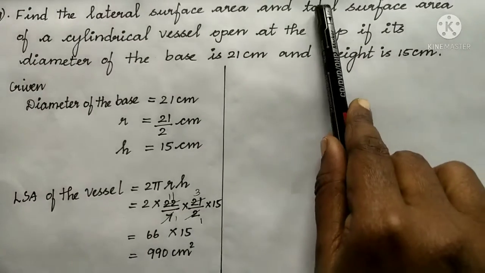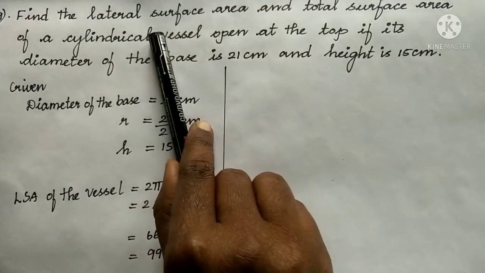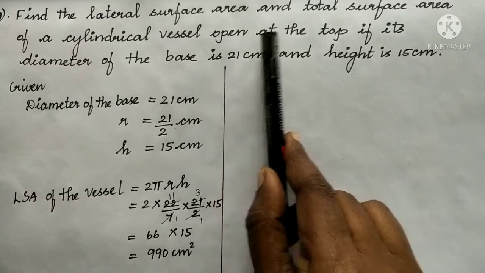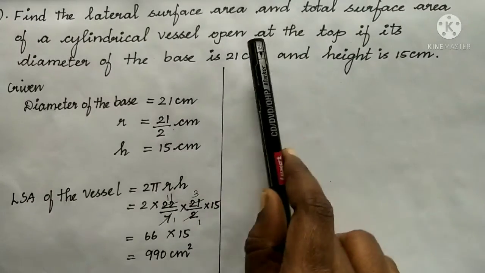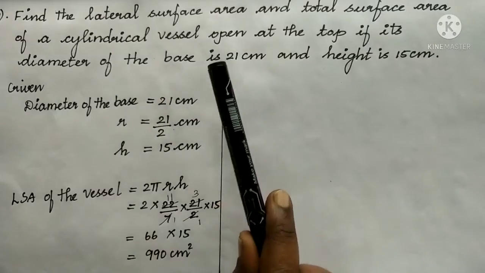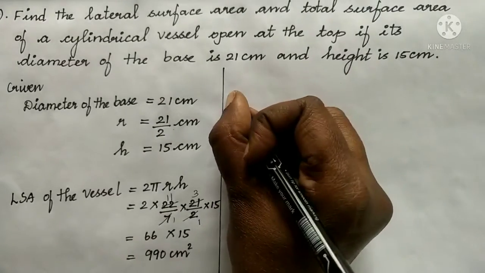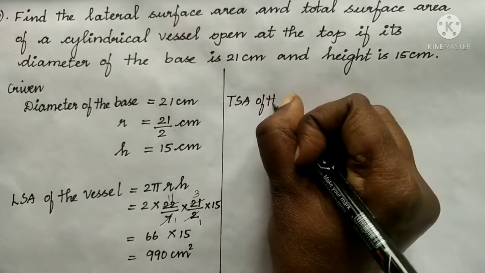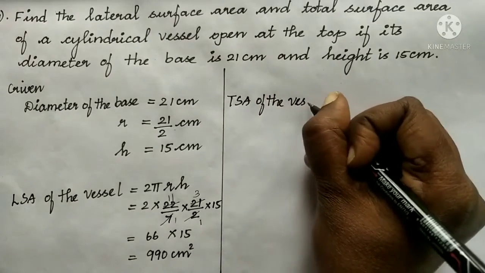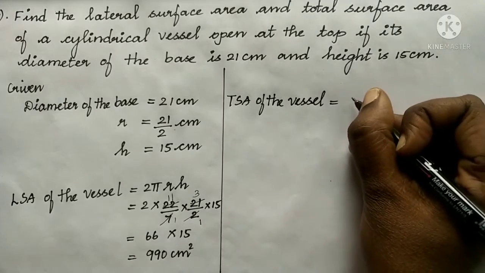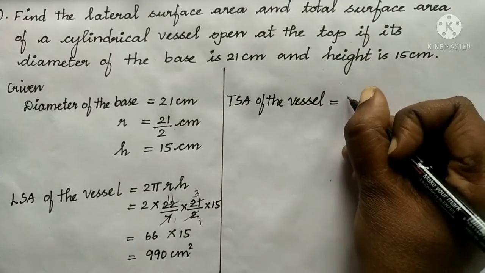Next, we will find the total surface area of the cylindrical vessel. Here, our cylindrical vessel is open at the top. So, TSA of the vessel will be LSA of the vessel plus area of the circular base. So, to find TSA of a cylindrical vessel, we will add LSA and area of the circular base.